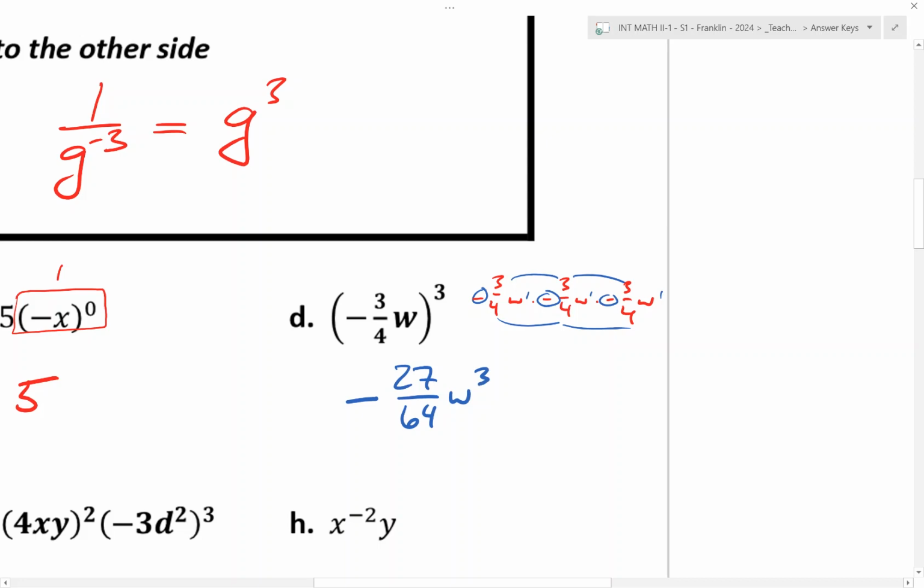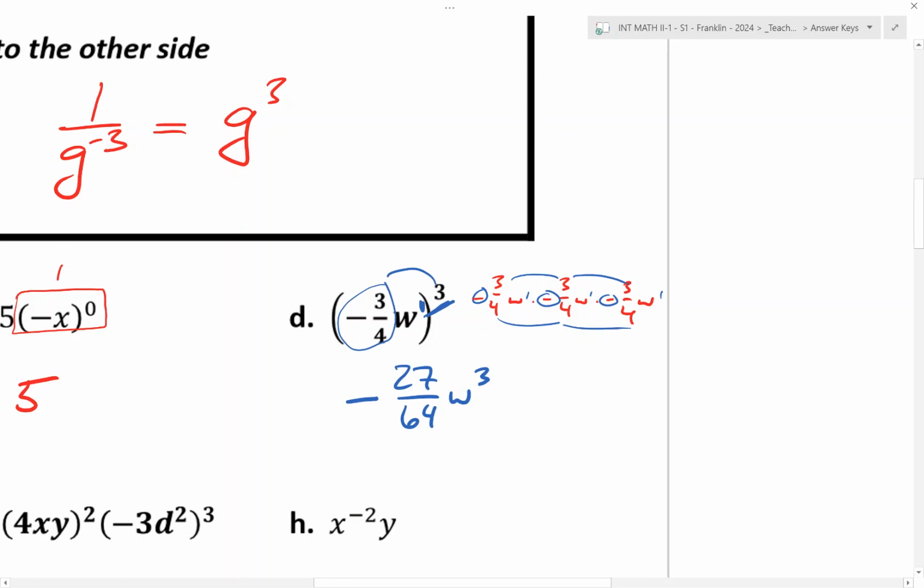Now, to avoid writing all that stuff down and taking that long, you could just apply the exponent to each thing appropriately. So negative 3/4 to the 3rd, do the same thing we did, we just don't need to write it down. And then w, there's a 1 here. You can multiply 1 times 3.